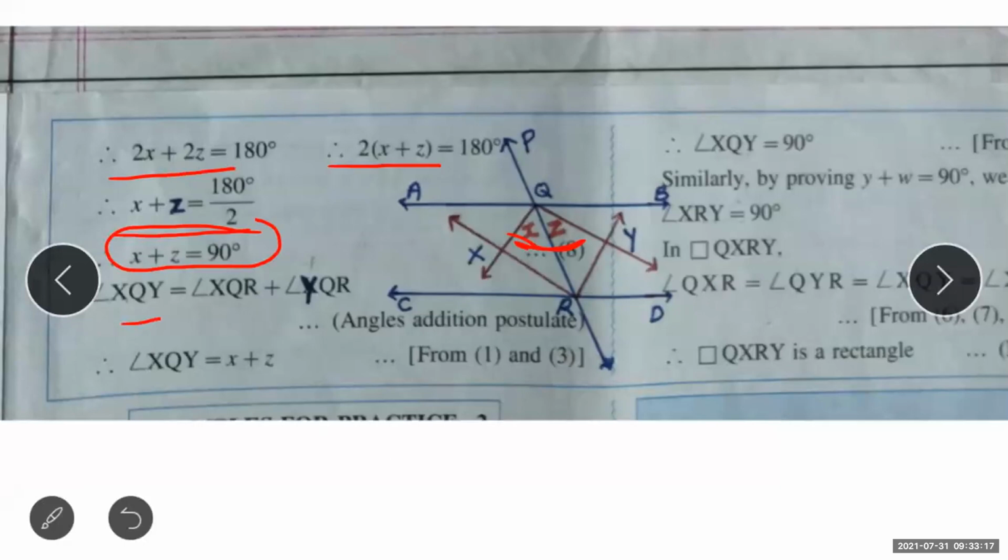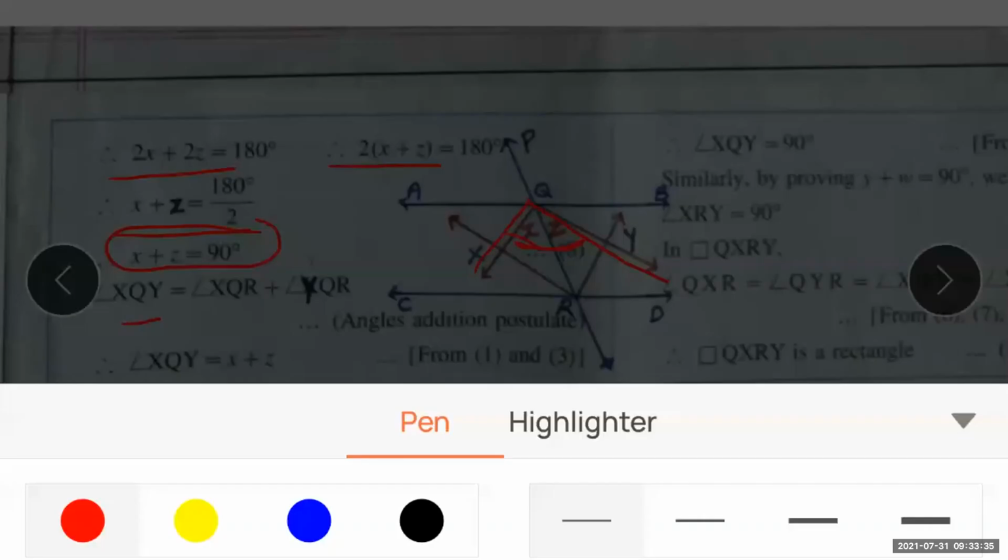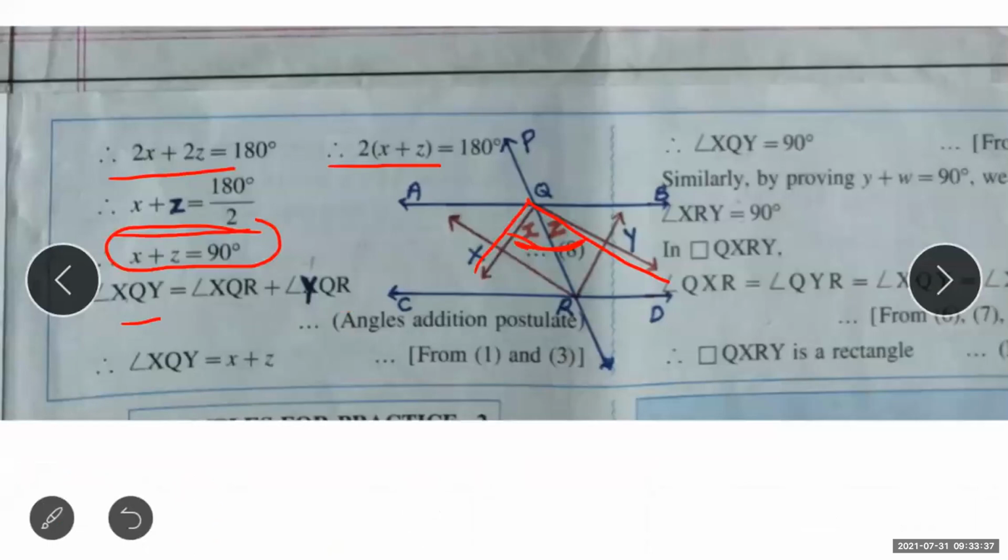See, XQY, this angle, equal to angle XQR. So here you can see angle XQR, the half of the angle plus angle YQR, this one.